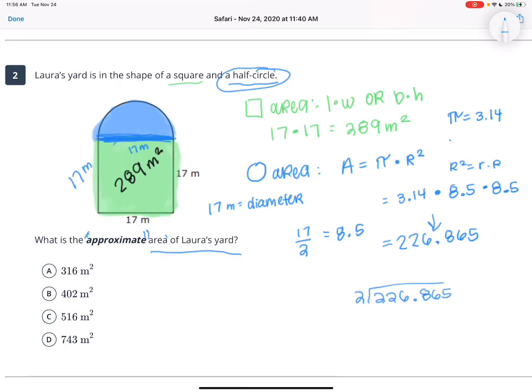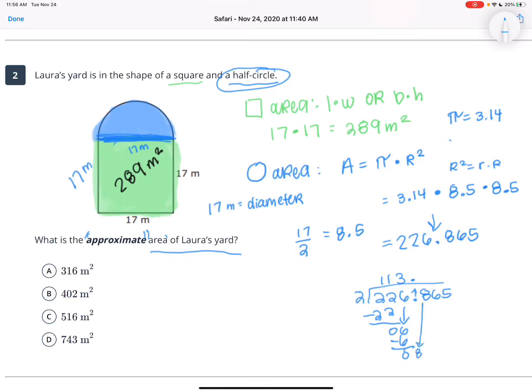well, first of all, we know that 2 can go into 22 11 times. How many times can 2 go into 6? 3 times. Push that decimal up, and then I'm going to drop that 8.